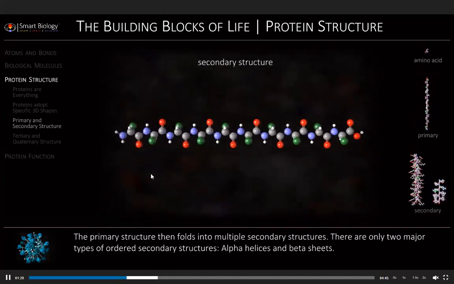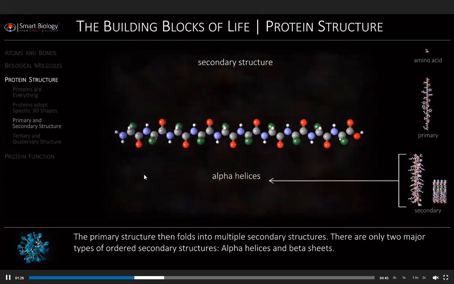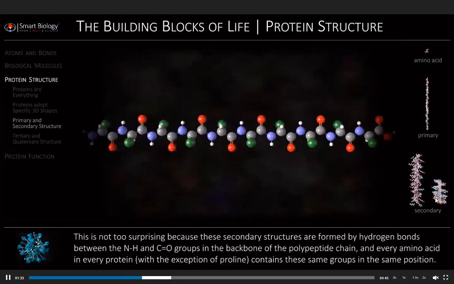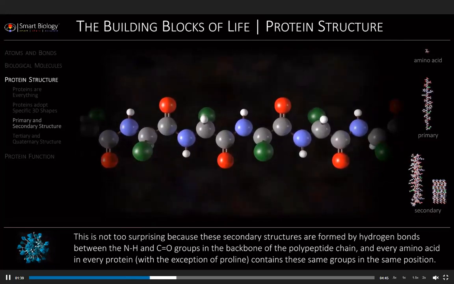The primary structure folds into two major ordered secondary structures, the alpha helices and the beta sheets. You can see the alpha helix here, the beta sheet here, and you can understand that there are differences. These secondary structures are formed by hydrogen bonds. Here we come to some of the bonds that are necessary for the formation of the secondary structure of a protein.